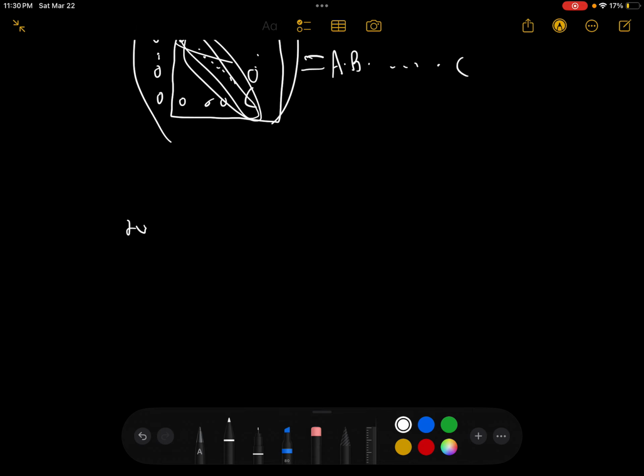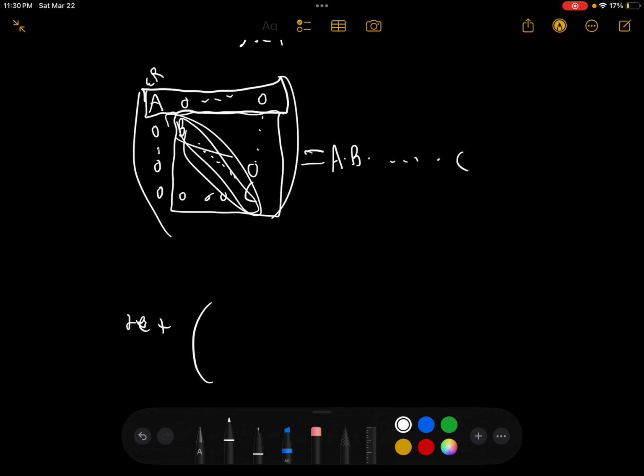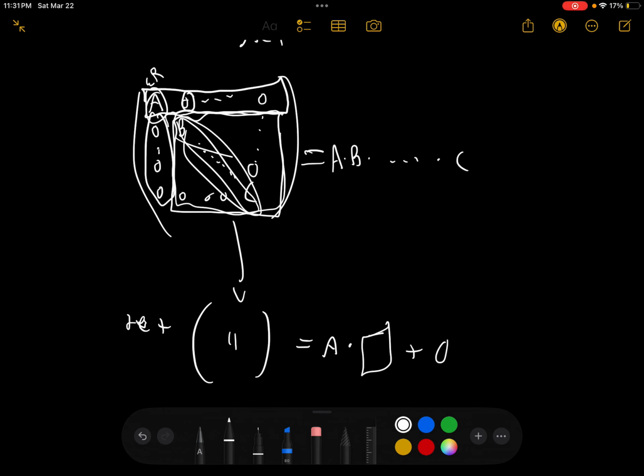So we know that the determinant of this matrix equals A times the determinant of this box, plus 0 times the determinant of the matrix where you cancel out this row, and then you take all of these rows. 0 times this matrix plus 0 times the matrix where you cancel out the third column, and then you take the first two columns, and then these next two columns, and so on and so forth.